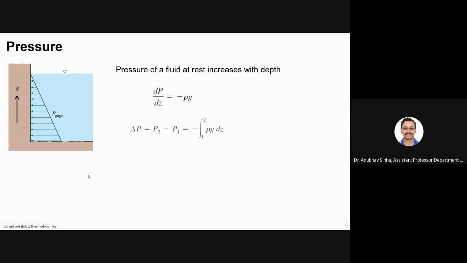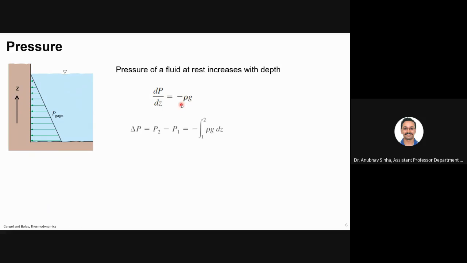So basically, what we are showing in this slide is that if you go along the height, let us say this is a tank where I have stored water. If you go to more depth, the pressure will keep on increasing. So mathematically we say that dP by dz, how pressure varies in the z direction, is minus rho into g.